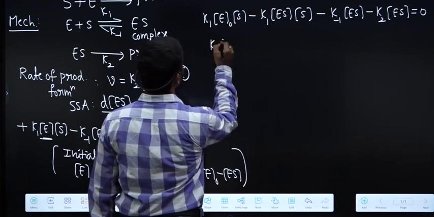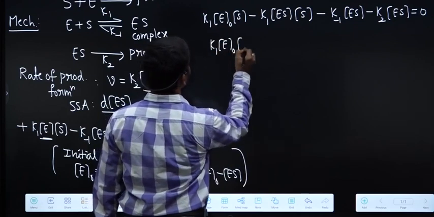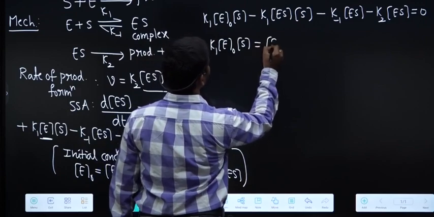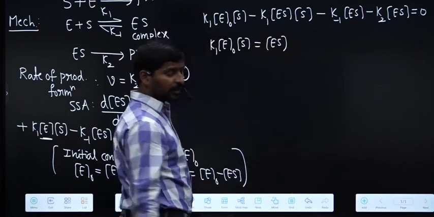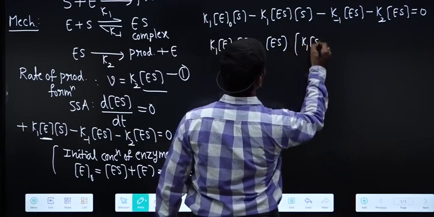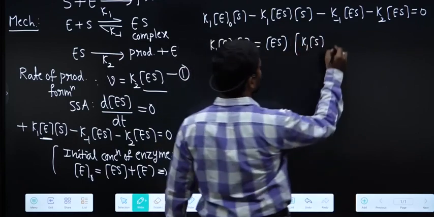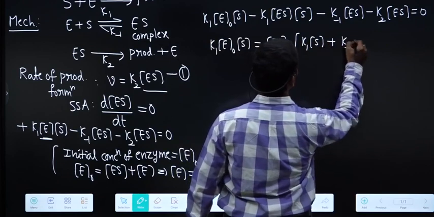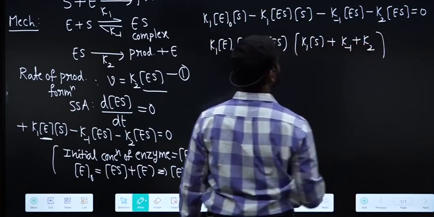So K1 into E naught into S is equal to the concentration of ES into K1 into S plus K minus 1 plus K2.